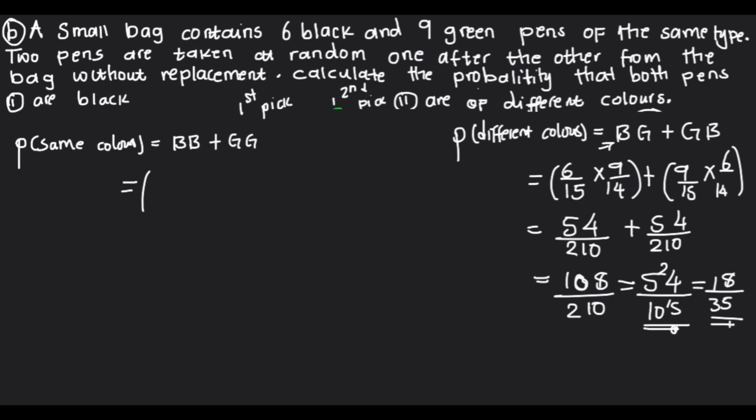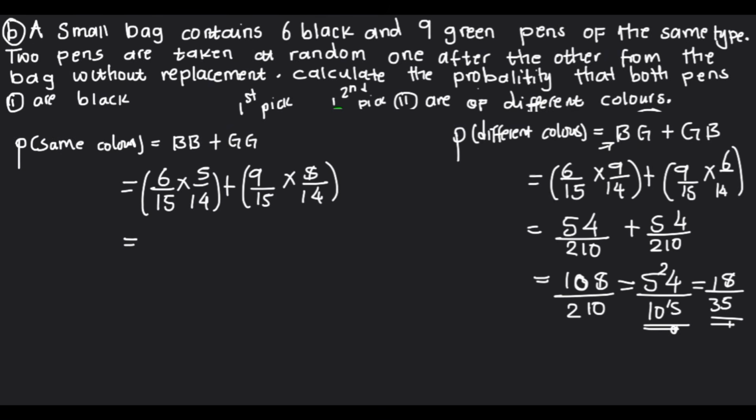So the first blue was 6 over 15 times 5 over 14, plus the green. For green we said this should be 9 over 15 times the other green should be 8 over 14. So let's do the math.